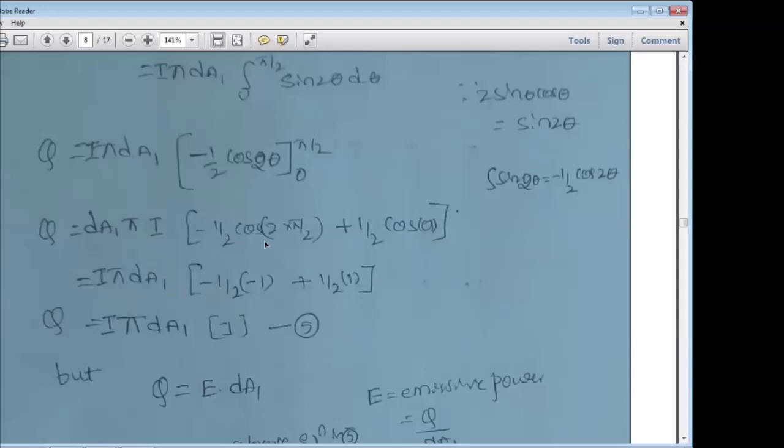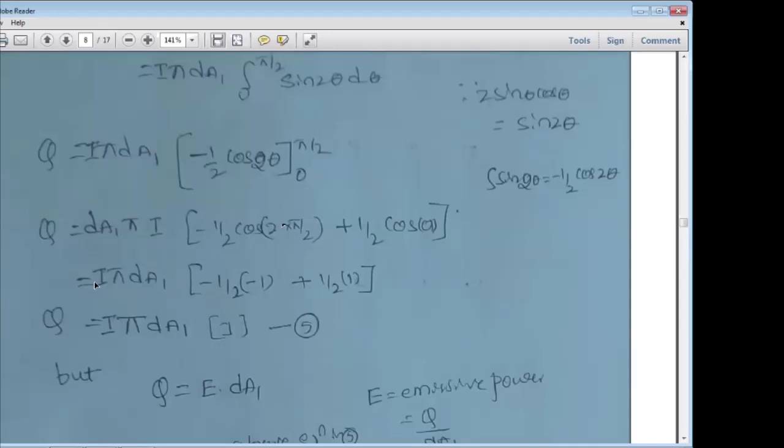Cos of pi is minus 1, and cos of 0 is 1. So that is 1 upon 2 plus 1 upon 2, which becomes 1 here.